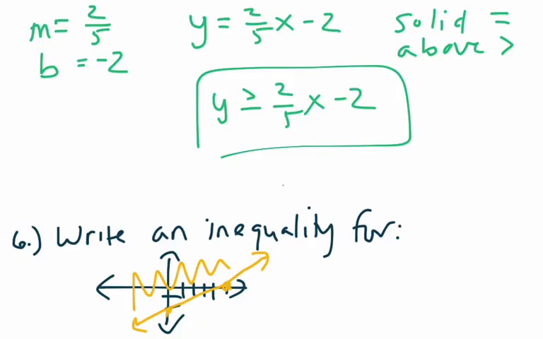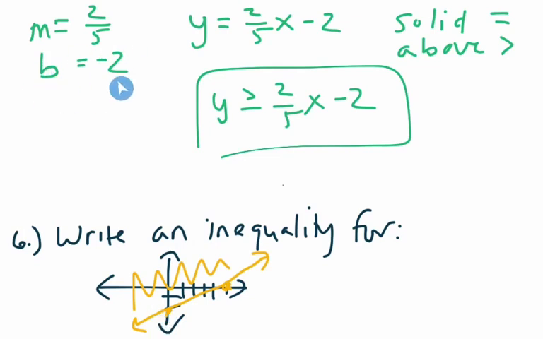And this one, write an inequality for this. The way I did this, I was going to use the formula for slope and go through the process of writing the equation of the line, and then I realized I didn't need to do that. So the slope I just got from counting. To go from one point to the other, I go up 2 and over 1, 2, 3, 4, 5. So my rise over run is 2/5. And it turns out that the y-intercept is one of the points that we know.